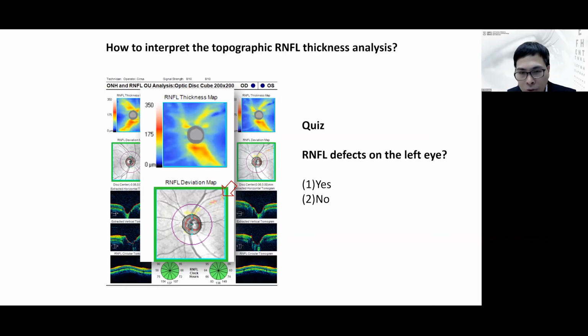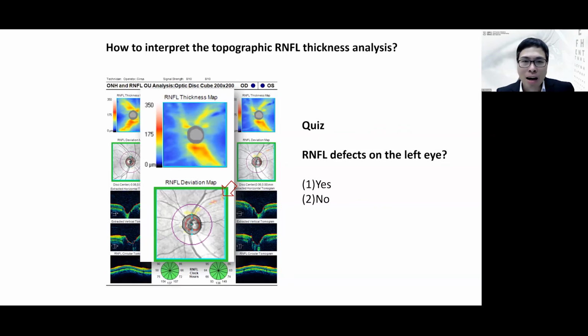The question for you is, is this a retinal nerve fiber defect? Yes or no? Can we have the poll? So here are our polling results. Very interesting. 50% of you say yes, 50% of you say no. So basically, it's a very difficult question.